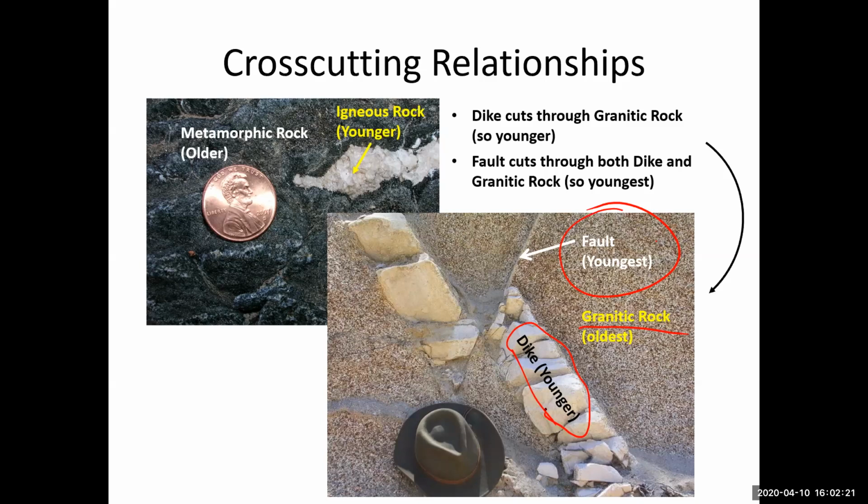The fault cuts the dike, the dike doesn't cut the fault. Again, you can't cut something that doesn't exist yet. So from oldest to youngest here then, we have the granitic rock, which is the oldest. Next comes the dike, and next comes the fault.